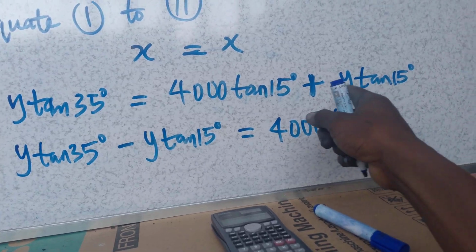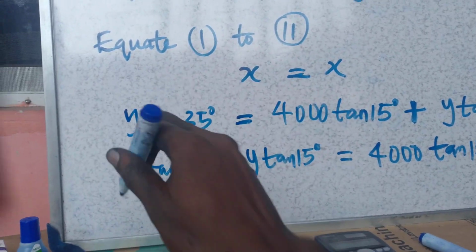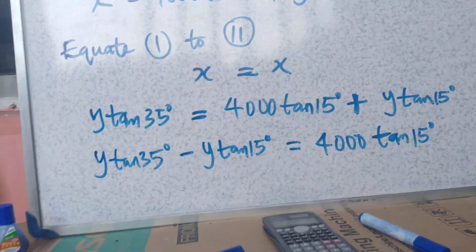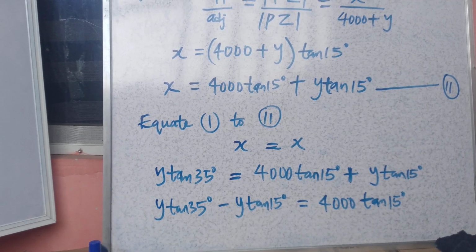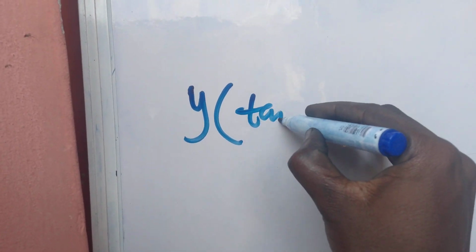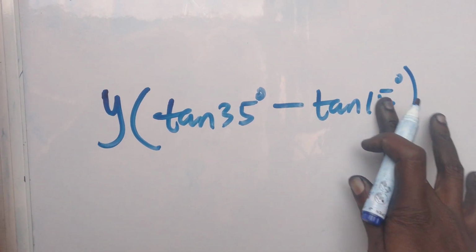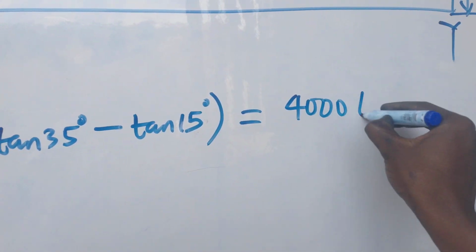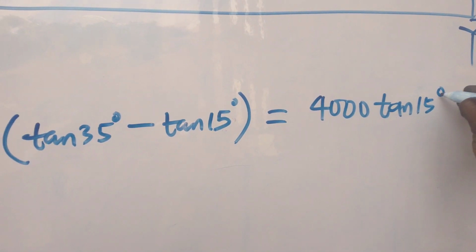As I carry this one over to this place, I collect like terms. Take this over here. Since it's positive, once it crosses the equality sign, you change to negative. Then I can factorize. Y is common. I factorize Y out, and I'll have Y open brackets tan 35 degrees minus tan 15 degrees, equal to 4,000 tan 15 degrees.